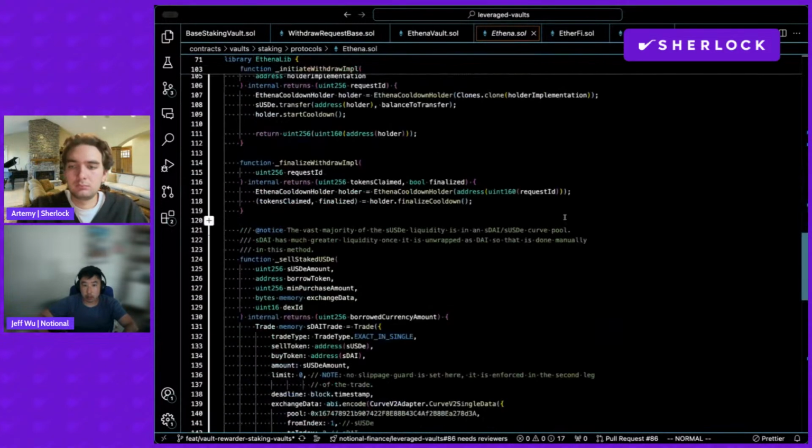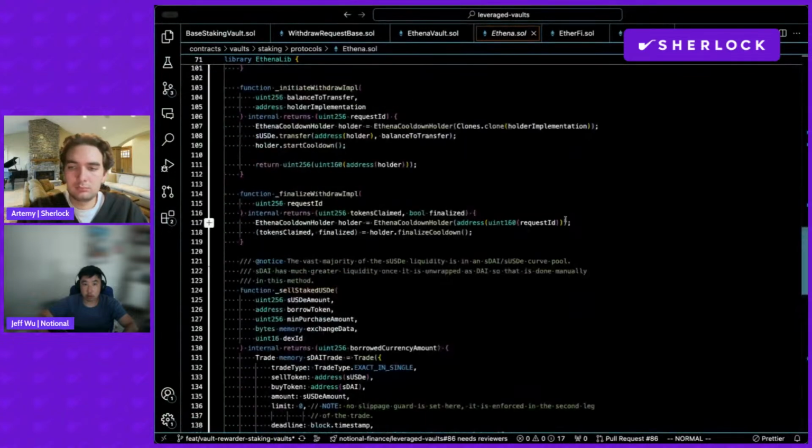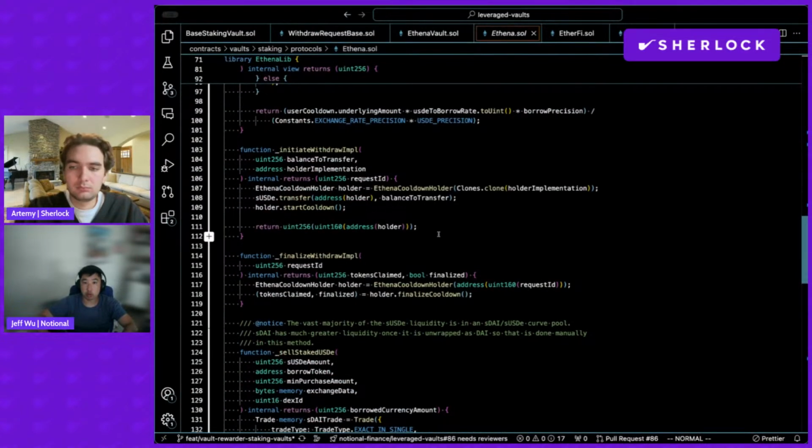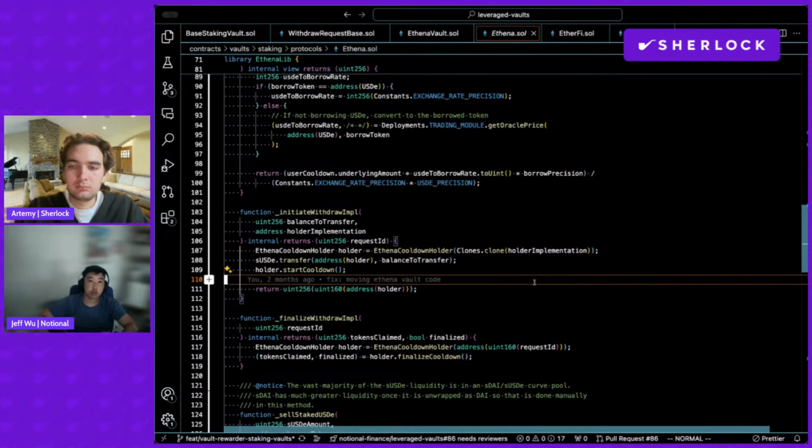When we initiate a withdraw, the way Athena handles these withdraws, so the withdrawal would be, if you have staked SUSDE, you want to unwind it to go back to USDE.